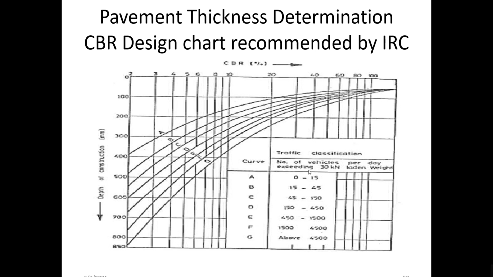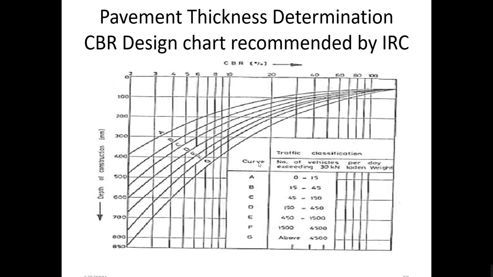Say for curve A, which you are going to refer to, the number of vehicles per day exceeding 30 kilonewton laden weight is only in the range of 0 to 15. For curve B, the number of vehicles per day exceeding 30 kilonewton laden weight is 15 to 45.